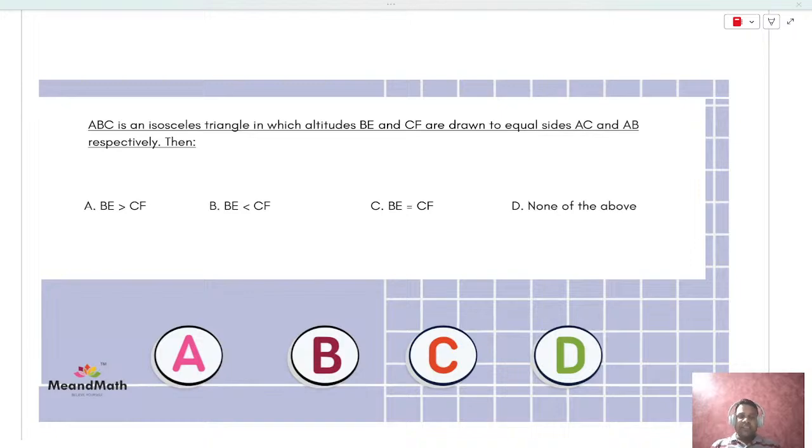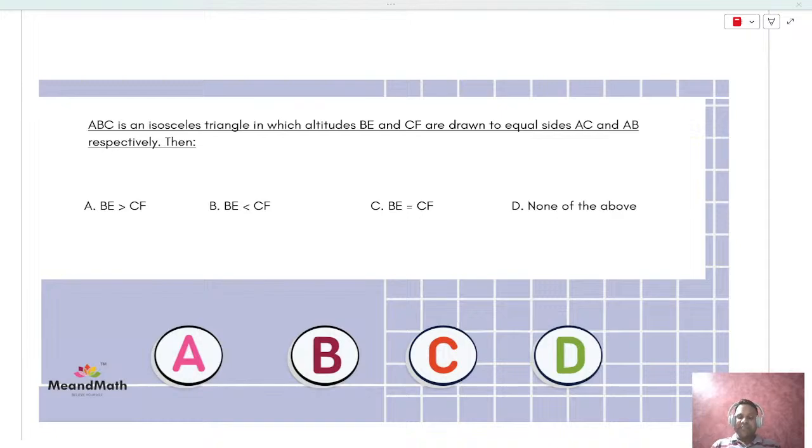Now here it is not clear which two sides are equal. In triangle ABC there are three sides, AB, BC, AC, but which two sides are equal? It's not clear. But if you look at the last statement, the equal sides are AC and AB.